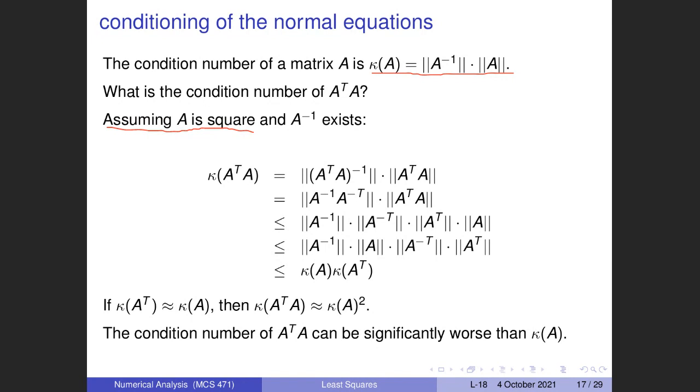So the inverse of a product is the product of inverses where you flip. So this is a property that we haven't recalled, but we're using here. You may have covered this in linear algebra. The inverse of A times B is the inverse of B times the inverse of A. So we use this in the first step. Then we use the norm inequalities and we regroup.